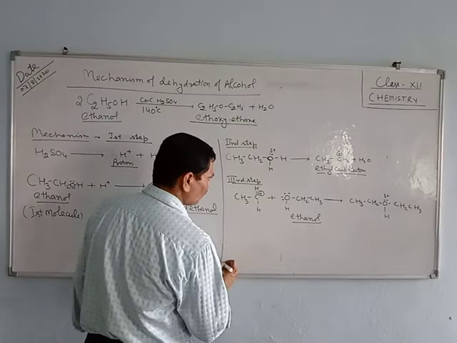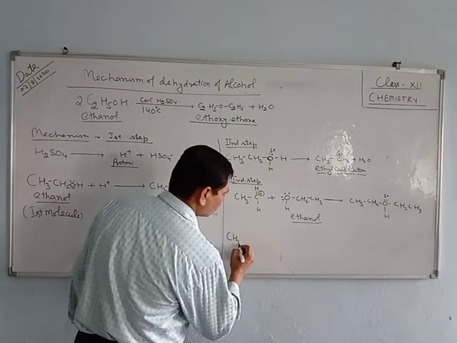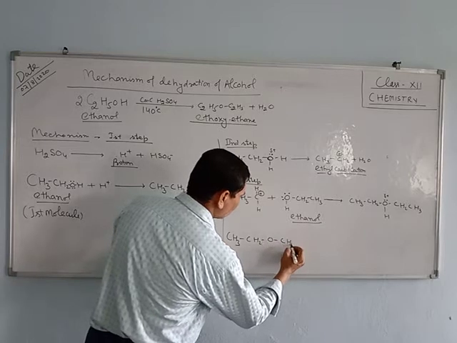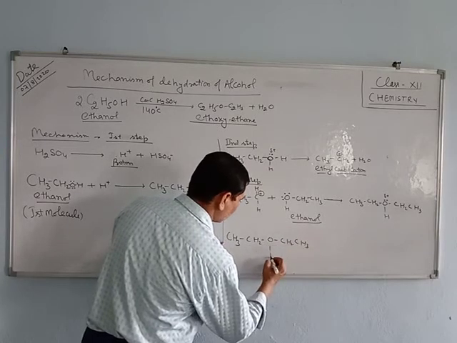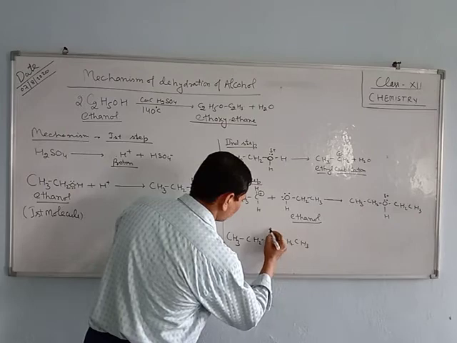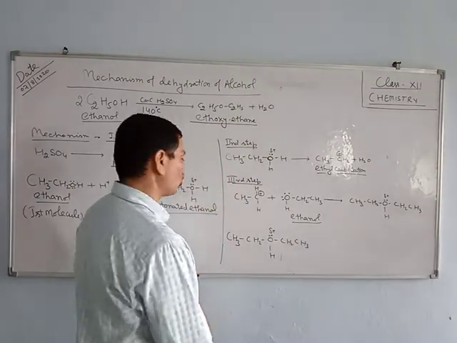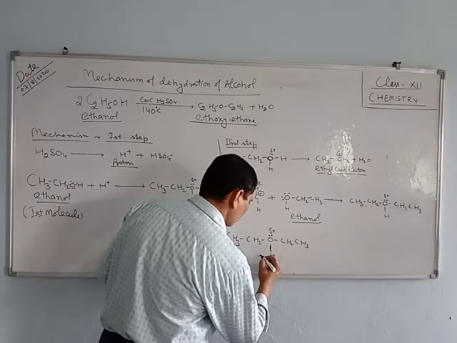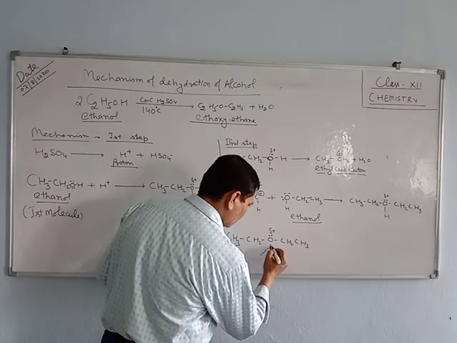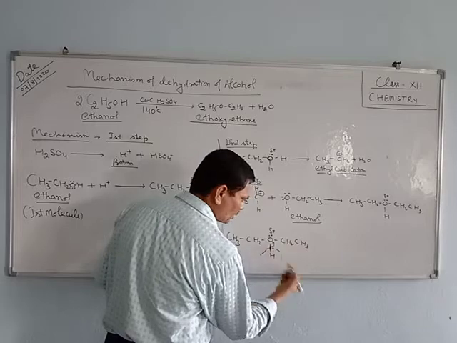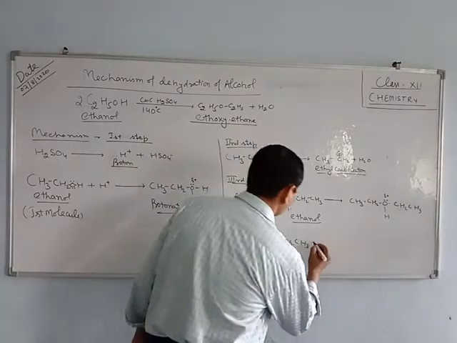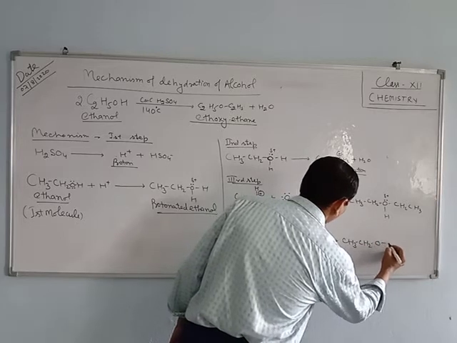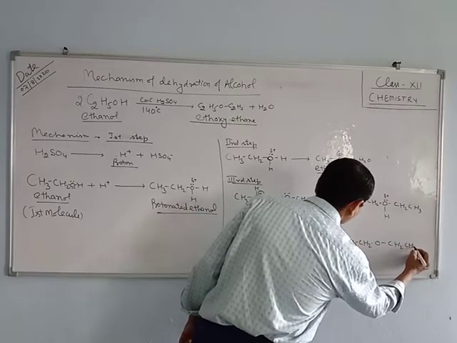Now the next step: CH3CH2OCH2CH3 with a hydrogen atom, with a deficiency of one lone pair of electrons. Now what will happen? Since oxygen is more electronegative, it will attract the shared electrons to itself, and this hydrogen will be broken off as a proton, and we get CH3CH2OCH2CH3.